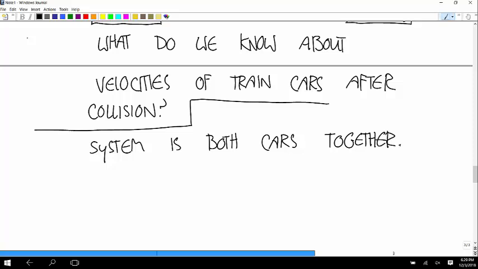So during the time of this collision, what's going to be the net force on these objects? Well, since we're isolating both of them as a single system, remember the net force, we only care about external forces. And so if we're isolating both of those as a single thing, when they collide, the contact force between the two is internal to the system. And so that doesn't exist to us.